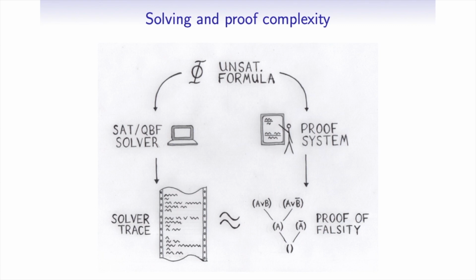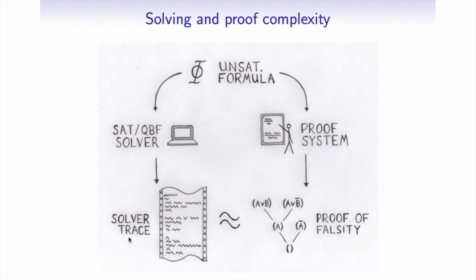So what's the connection between CDCL, that's solving, and resolution, that's proofs? Well, actually there's a deeper connection between solving in general and proof complexity in general. And this is as follows. So suppose you have some unsatisfiable formula here. You're going to pass this to your solver.